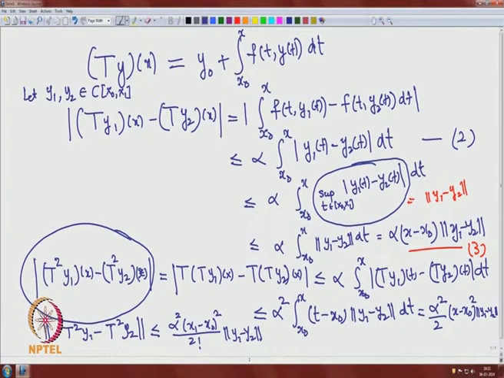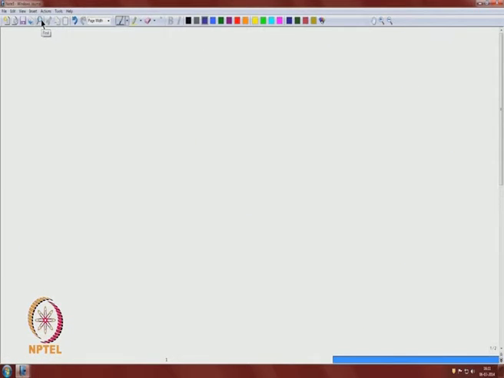So, I can continue this procedure. If I continue this procedure to take one more time T composition, so Tq y1 minus Tq y2, just by integrating, that integration is a process which is making the right hand side a good number.